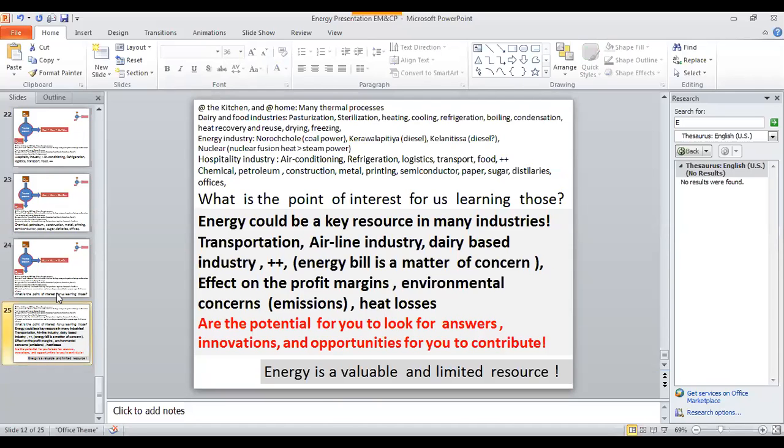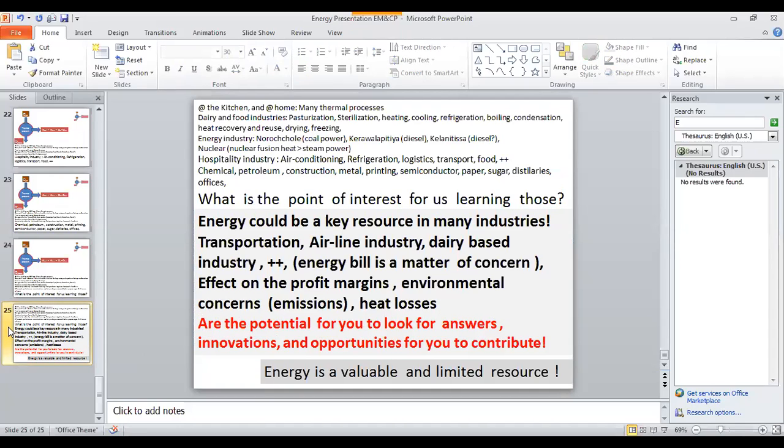When you see the electricity bill of the organization you are joining, when you see the thermal processes, you should know that it is costly and it consumes resources. Then look for alternatives: energy saving, energy recovery, recycling. These are the opportunities for you to contribute.